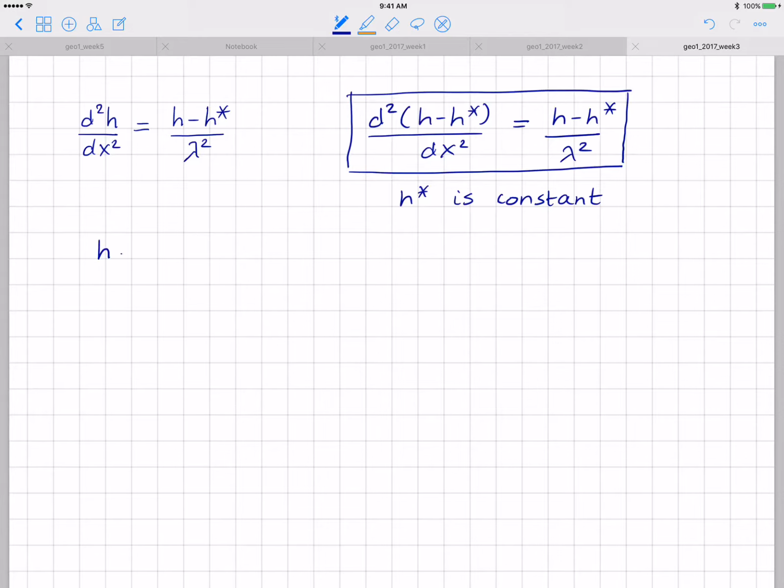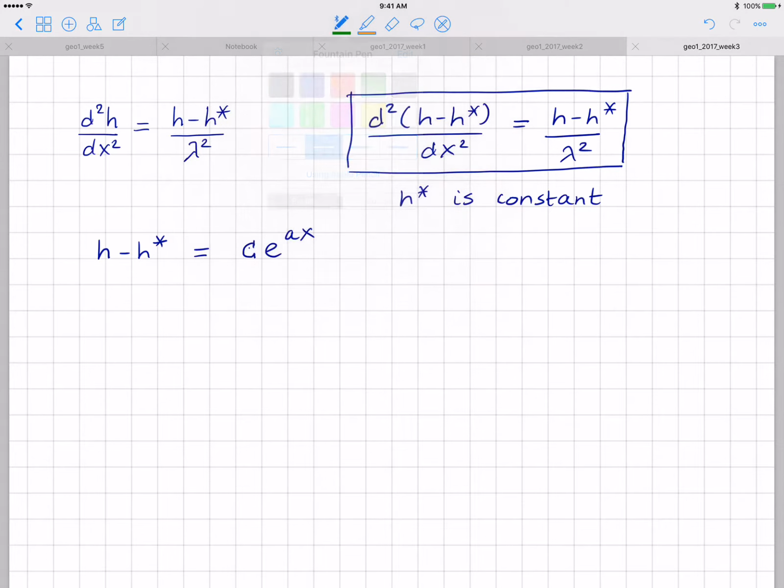So let's try and find a solution. We're going to find a solution for h minus h star. Let's say we find a solution in the form c, a constant, times e to the power ax. We don't know yet what capital C is, and we don't know yet what small a is, but let's see if this would work. How would we find out if this solution actually is a solution to the differential equation?